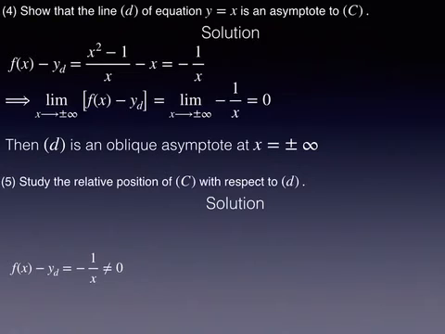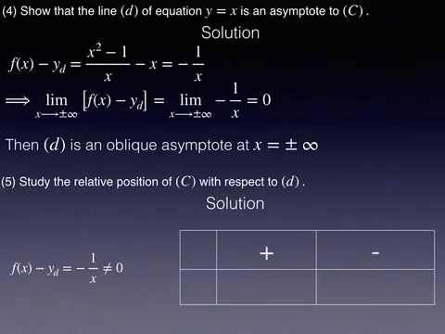This is similar to drawing the table of variation of function f. So minus 1 over x is different from 0. Then we need first to put the domain of definition of the function f, which is between minus infinity, 0, and 0, plus infinity.